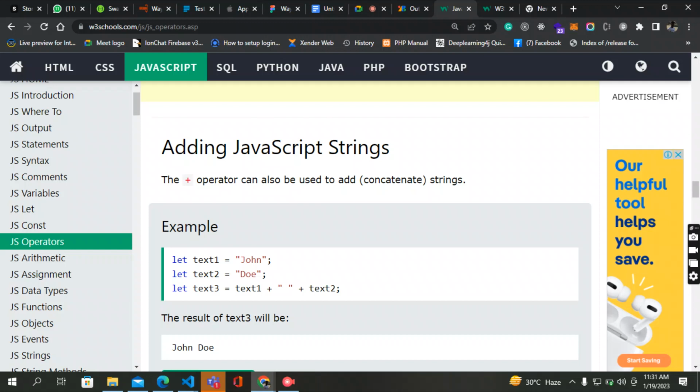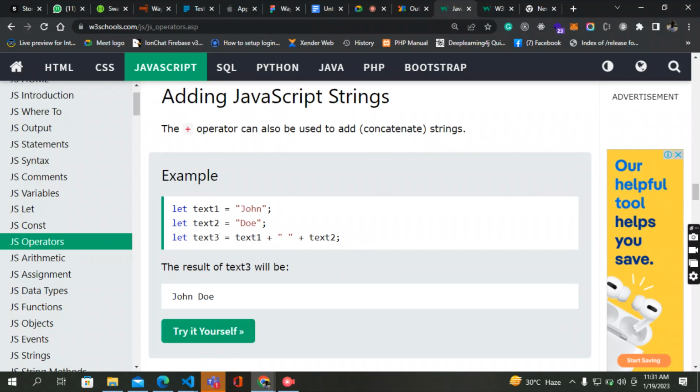It's used for concatenating, that is, you join 2 words together. So text 1 plus text 2, you see they are string values, John plus Doe. This one will give us John Doe, right?